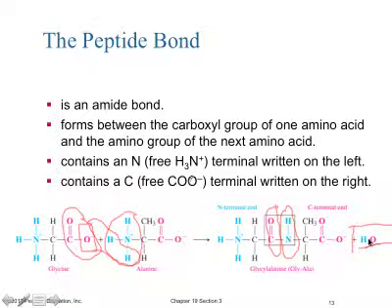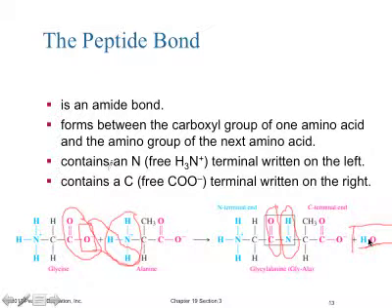Remember, an amide is like an ester, except the OH is replaced with an amine group, right? We learned that in our functional groups in lecture 14. It forms between the carboxylate end of one and the amino of another.